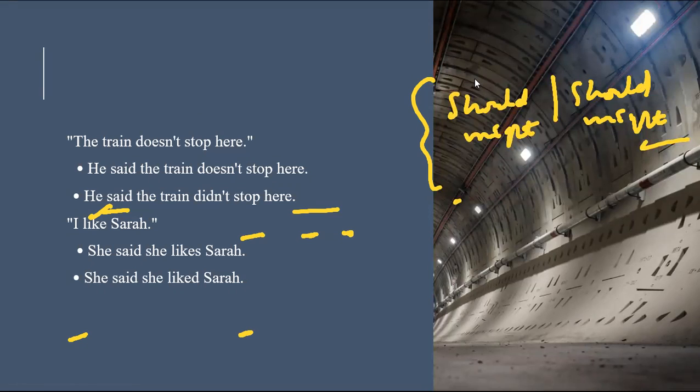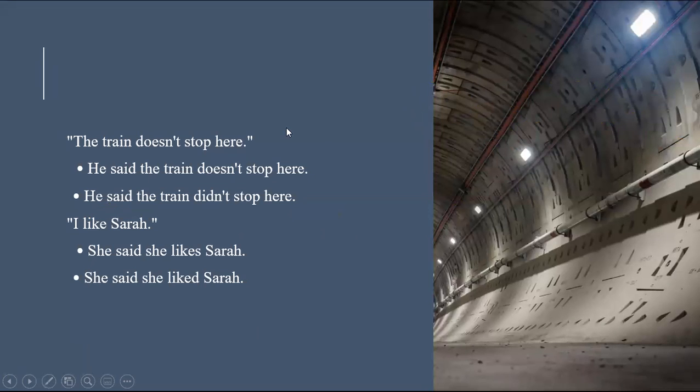Now, here is one more example, and this is slightly different because sometimes it depends on the context also. If what you're talking about is still true, is still valid, then you can break the rule and use the present tense in the next clause. He said the train doesn't stop here.